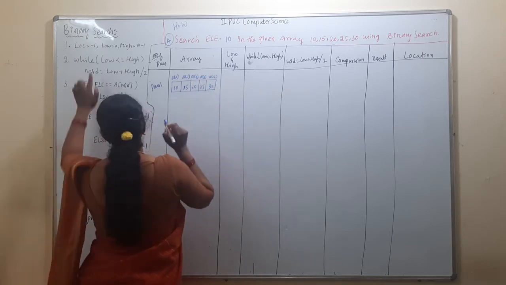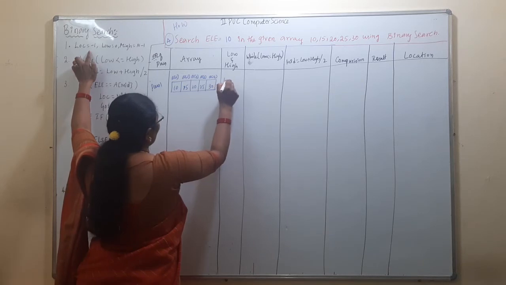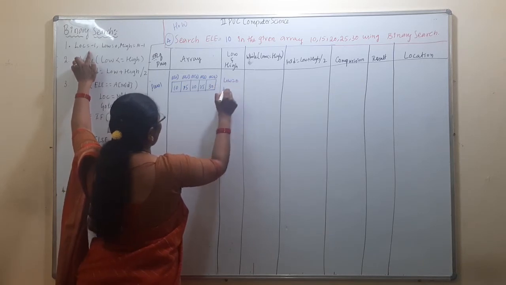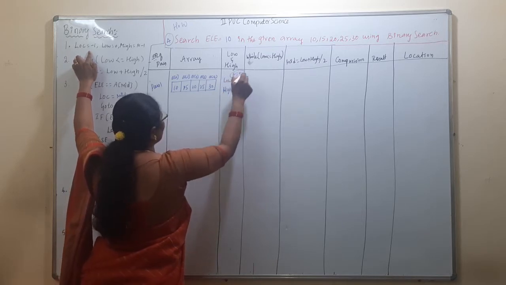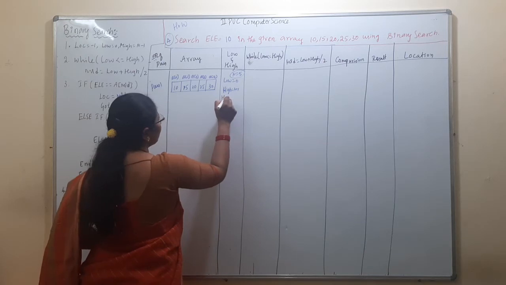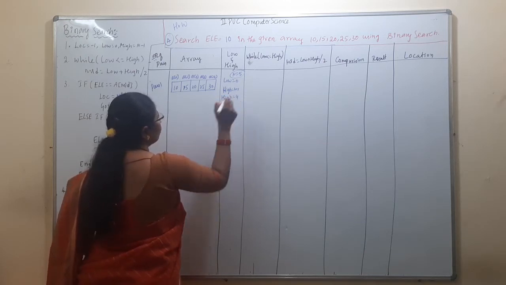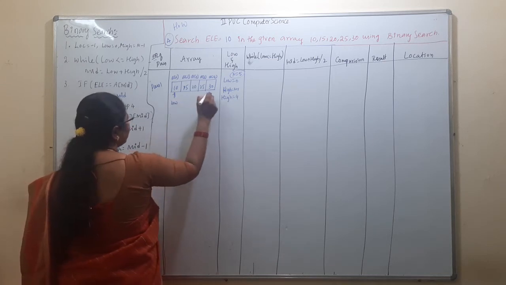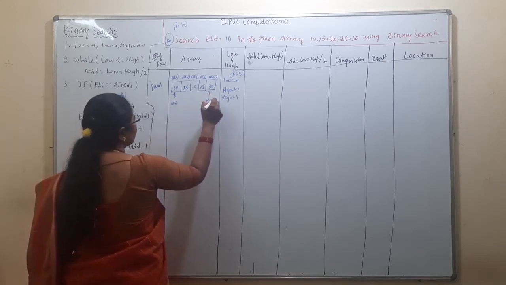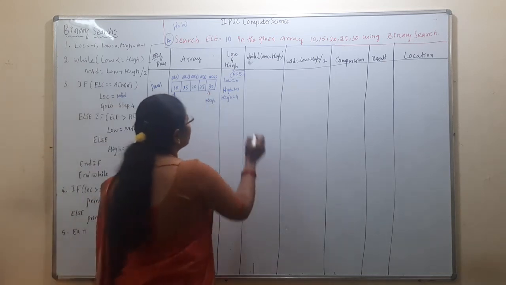For the first time, your low value will be 0, and high value will be n minus 1. What is n? N equal to 5. So n minus 1, high equal to 4. So here is your low pointer, here is your high pointer. Yes, comparison.